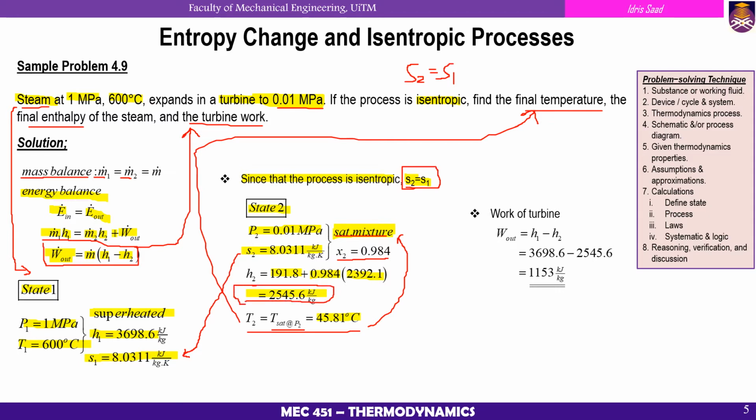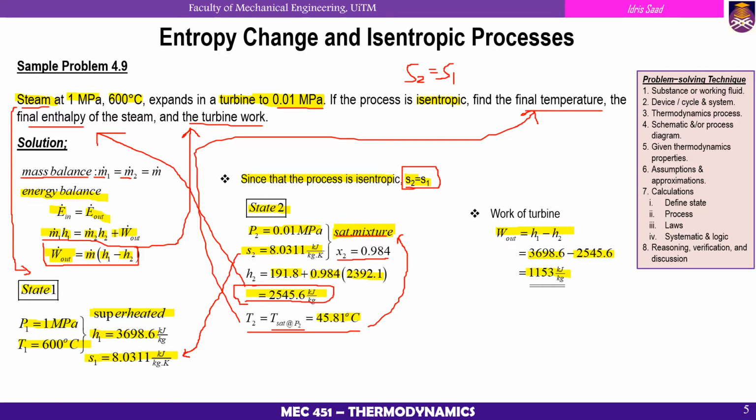This is equal to h2 is equal to 2545.6. So this is the answer for the final enthalpy. And finally, the work done, since we already have the equation, this is equal to w out is equal to h1 minus h2. So we get 3698.6 minus 2545.6, and you get the work output is equal to 1153 kilojoule per kilogram.